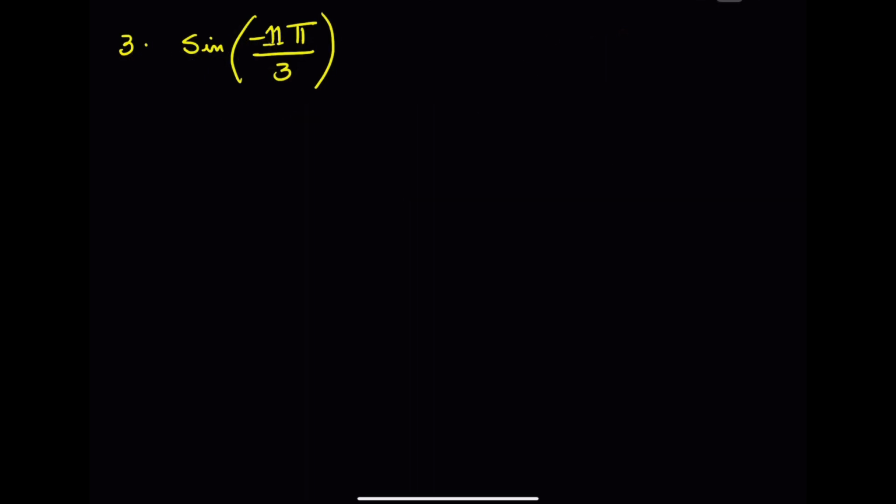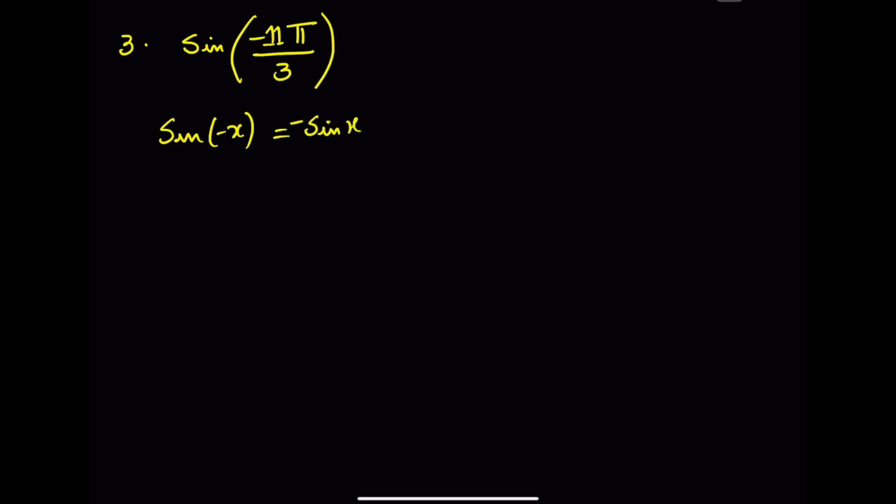Let's solve the third problem. Here we have to find the value of sine of minus 11 pi by 3. So we know that sine of minus x is minus sine x.